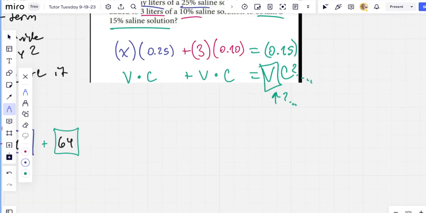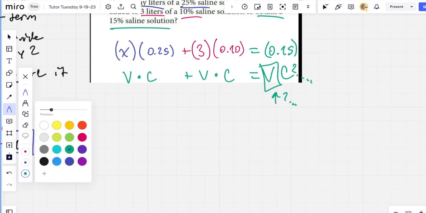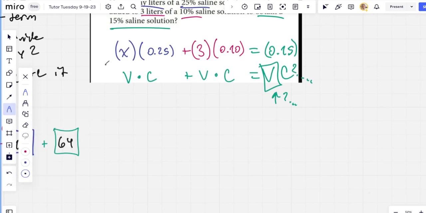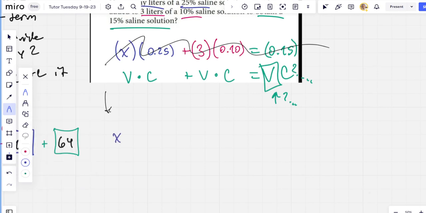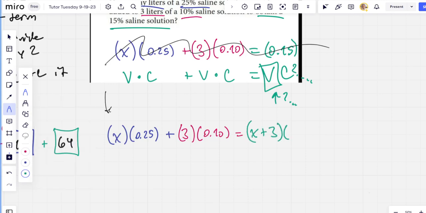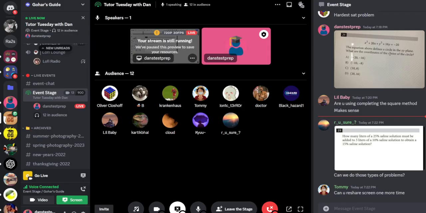So the correct equation would be, let me mark that so we know it's incorrect, x times 0.25 plus 3 times 0.10 is equal to 3 plus x, or x plus 3, doesn't matter, times 0.15.